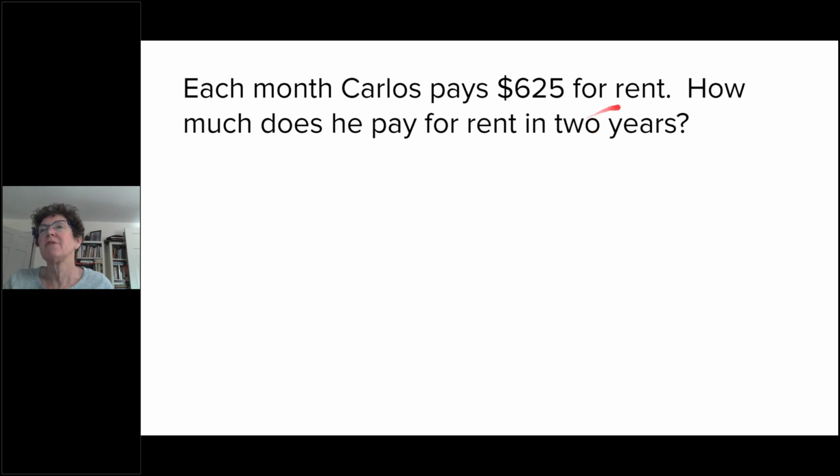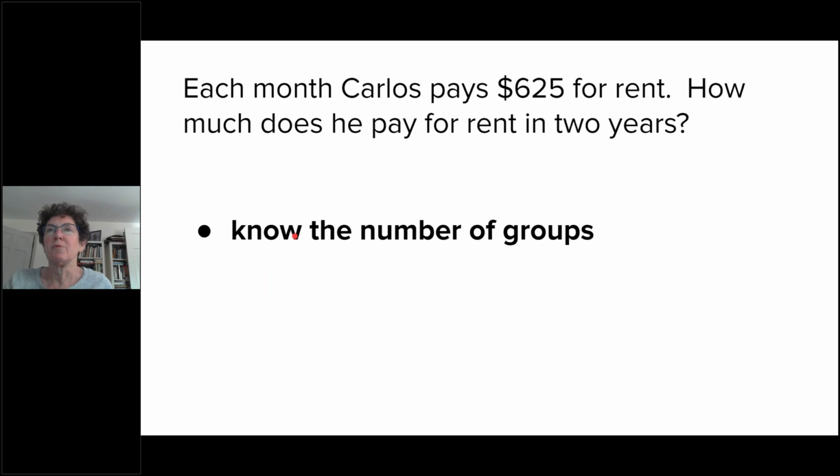So they're asking me for a total amount. We know the number of groups. Notice here we have to do a little bit of thinking because it tells me that it's each month he pays $625, but we want to know the total for 2 years. So we have to think about that for a minute.